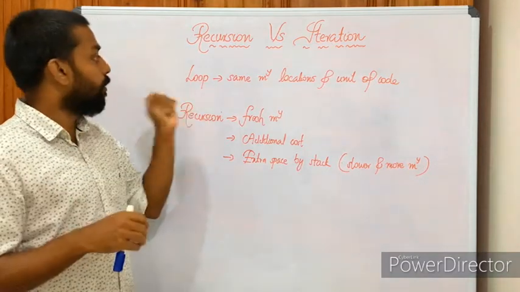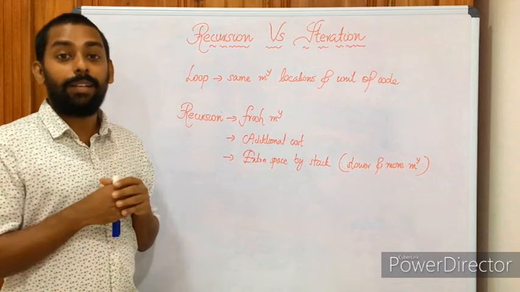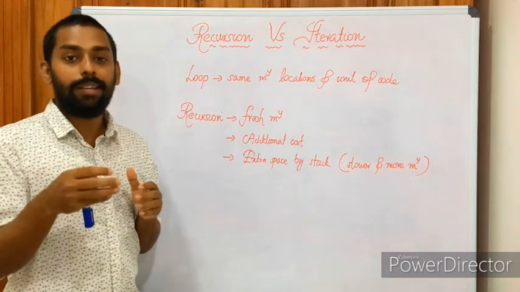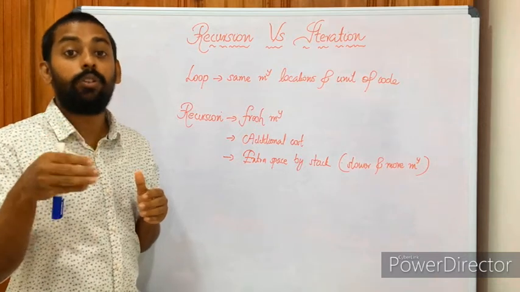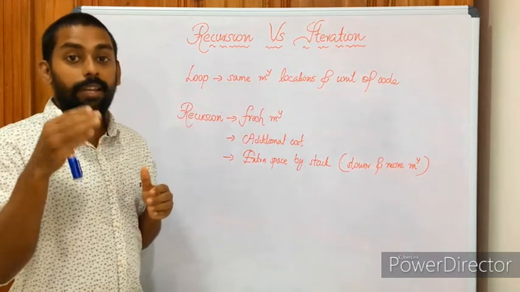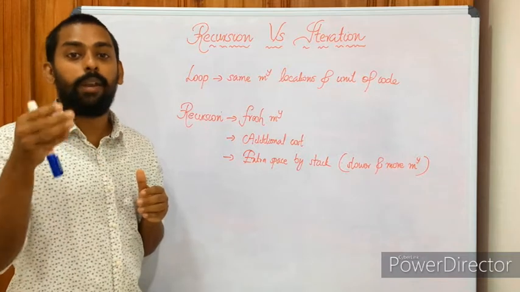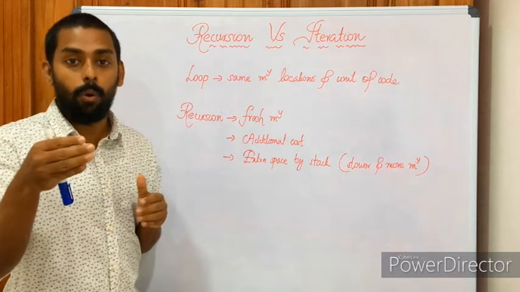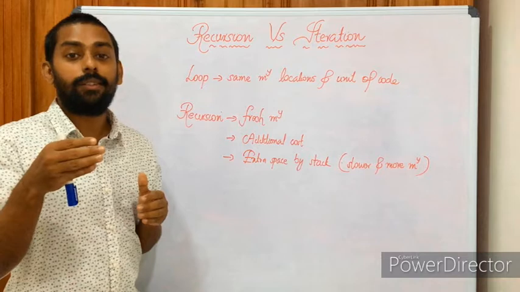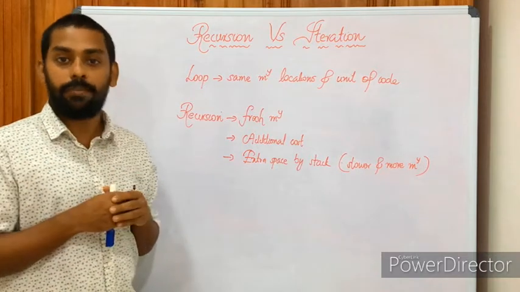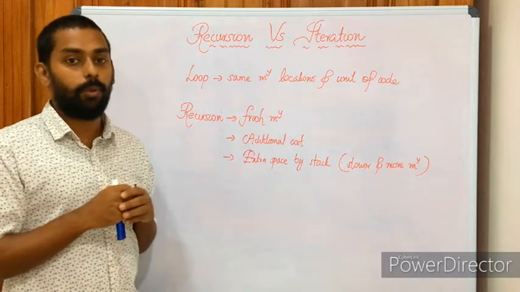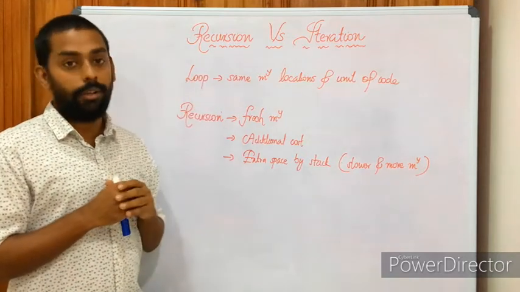Okay, so when a loop is executed repeatedly, it uses the same memory locations and the same unit of code. Instead of using the same memory locations and the same unit of code, recursion uses fresh memory space during each recursive call. That is the main difference between recursion and iteration.